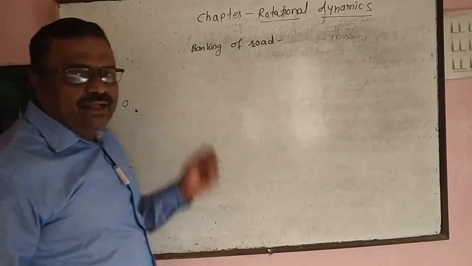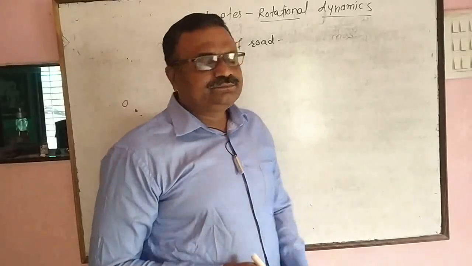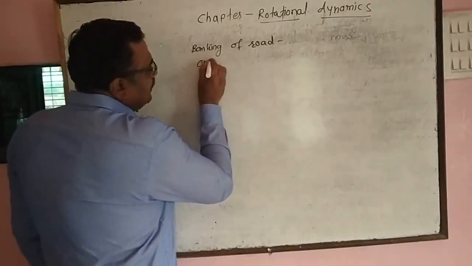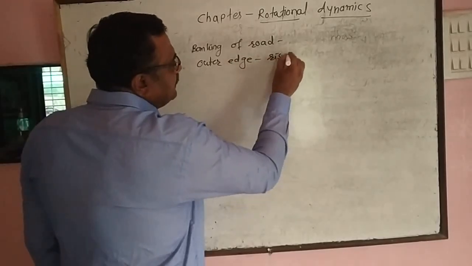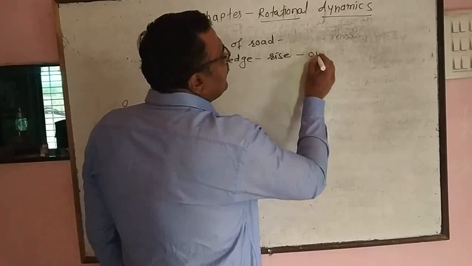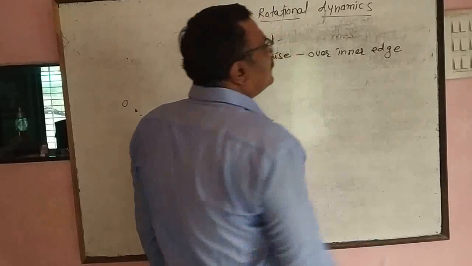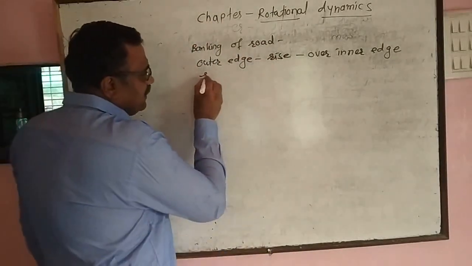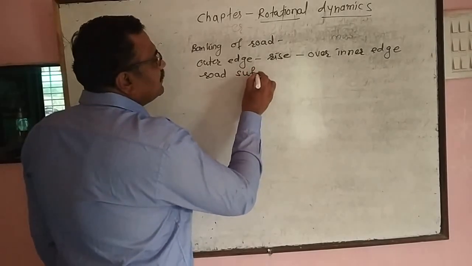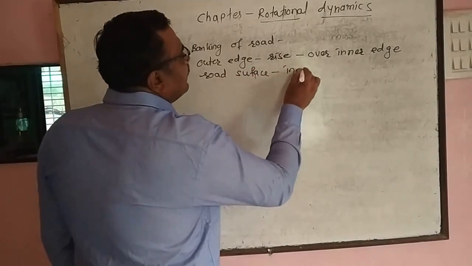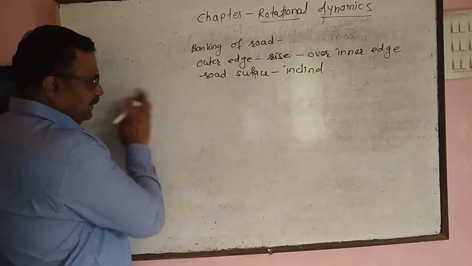When a circular track is to be constructed, one precaution is taken. The outer edge of the circular track is raised over the inner edge, so that the road surface becomes inclined. We draw the figure.